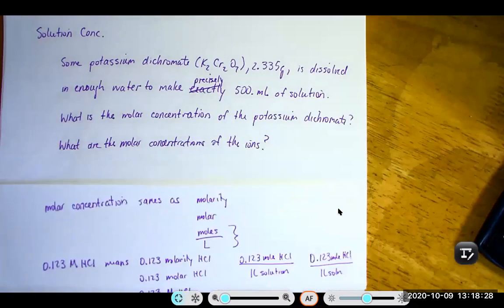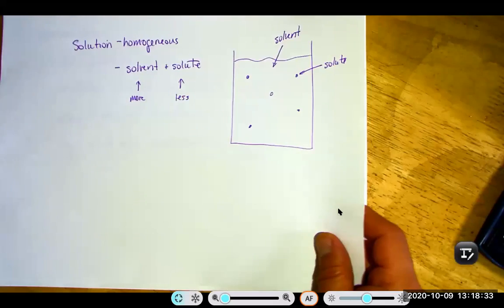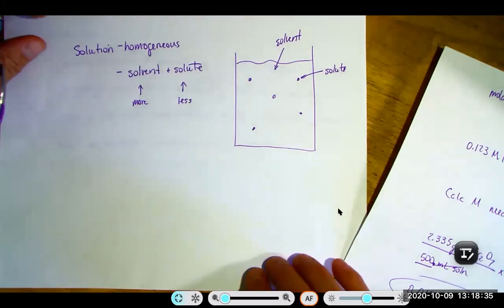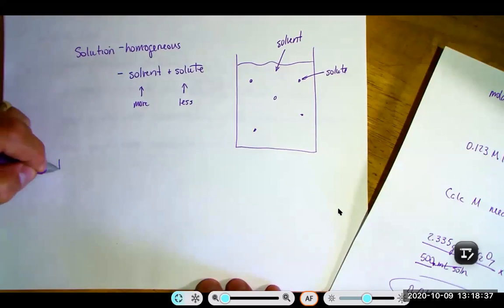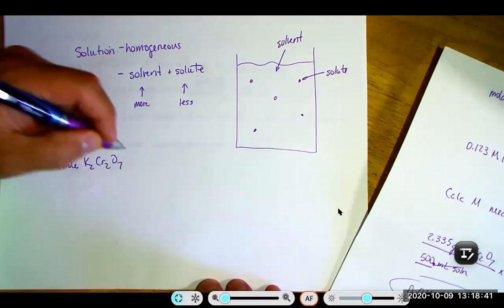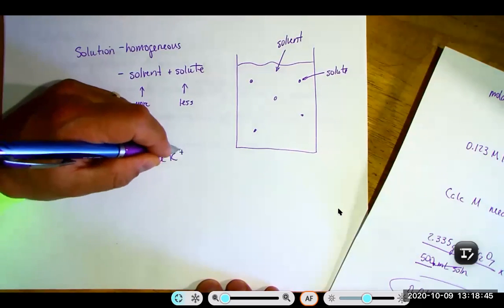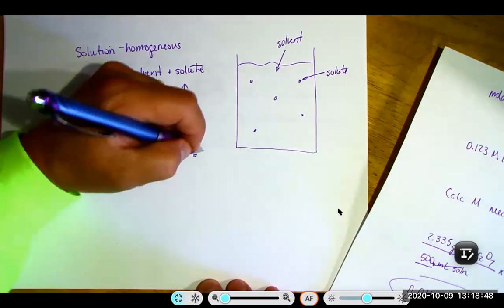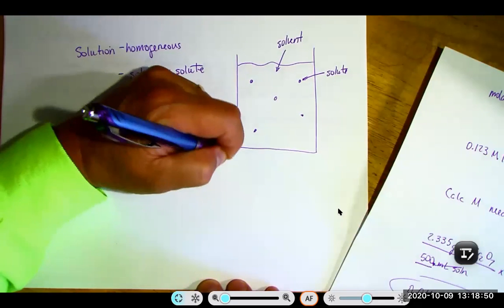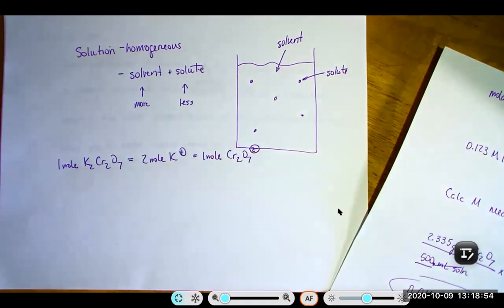Okay, what are the molar concentrations of the ions? Would you agree that if we have 1 mole of K2Cr2O7, that's equal to 2 moles of potassium and 1 mole of dichromate?